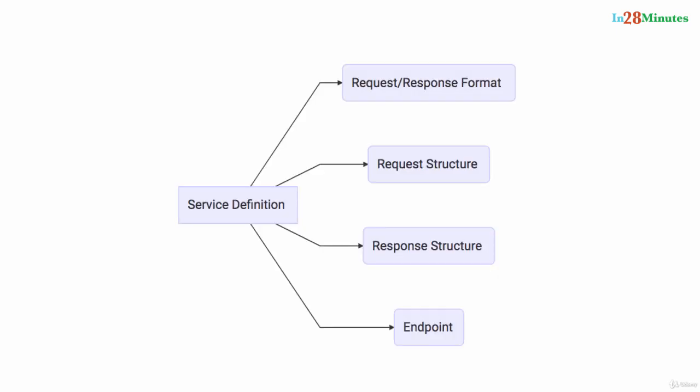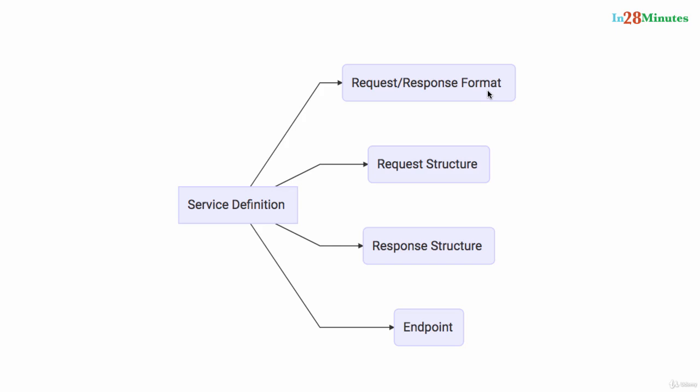The solution to that is service definition. Every web service offers a service definition. The service definition would specify a request and response format. Okay, what is the format which is used for request and response? Is it JSON? Is it XML? Or is it any other format? That's specified by your service definition.